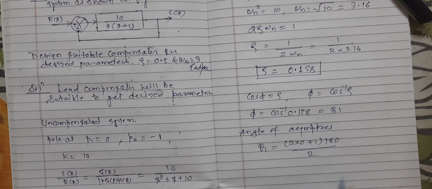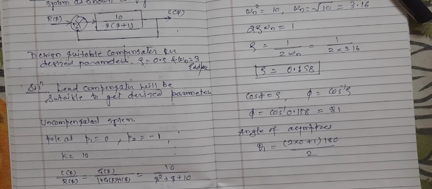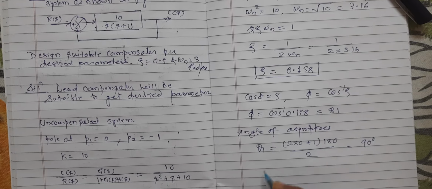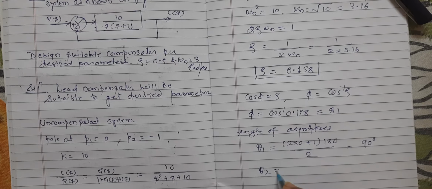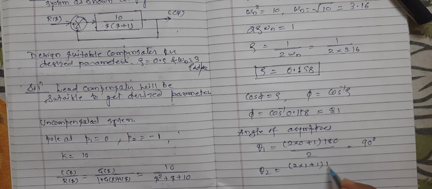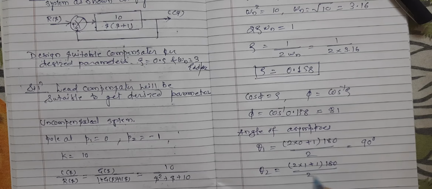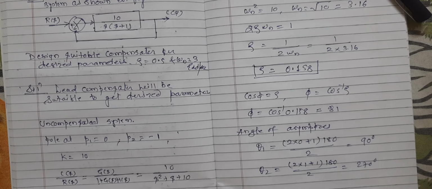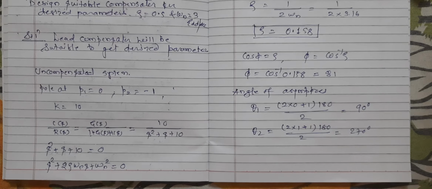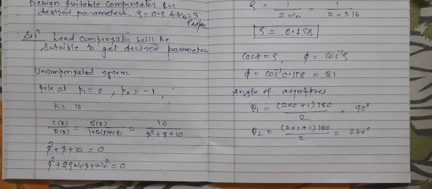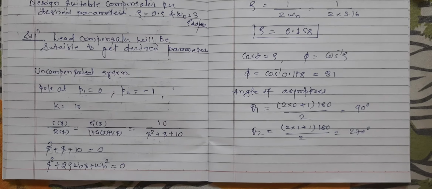So this becomes 90 degrees. And theta 2 is equal to 2 into 1 plus 1 multiplied by 180 divided by 2. So this becomes 270 degrees. So the angles of asymptotes that we know are 90 degrees and 270 degrees. Now we will find out the centroid.